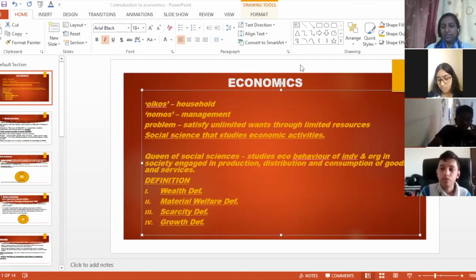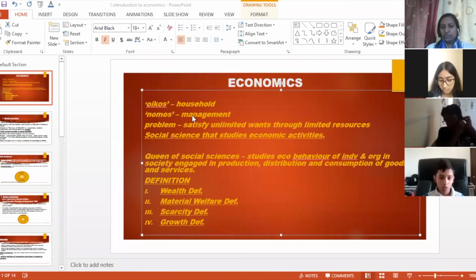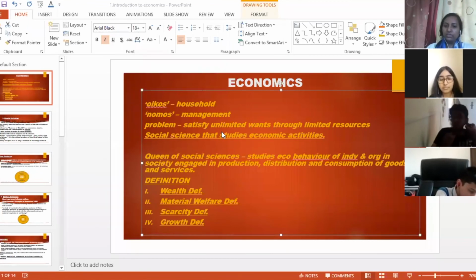Now economics is taken from a Greek word, right? The first word was oikos, which meant household, and nomos, which means management. So basically economics means management of household. In your household also you have limited resources. Your parents have a limited salary, and with that limited resource they have to satisfy all the unlimited wants.